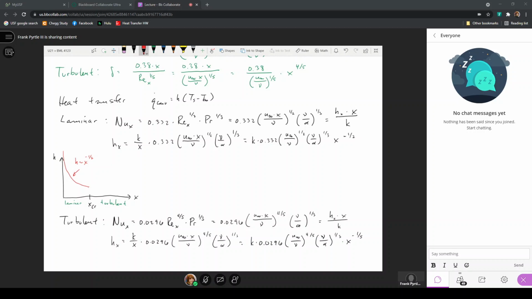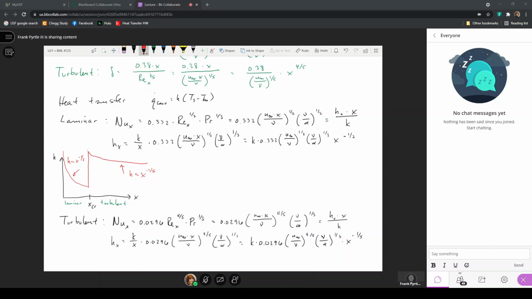Let me just extend it on. Let me move some of these things here. H varies with x to the -1/2. Like here, this is just an indication that H varies with x to the -1/5 here. So the rate of change is slower for the heat transfer coefficient once we get into the turbulent flow condition.